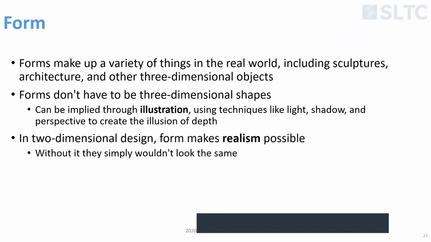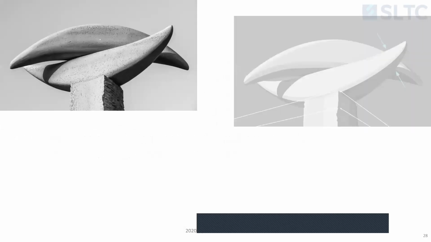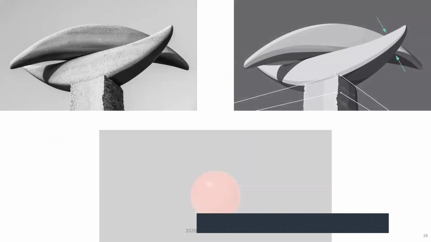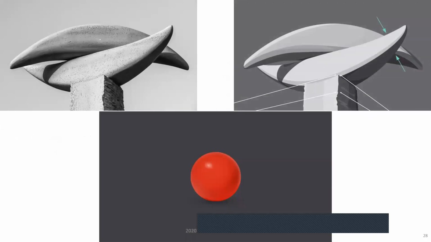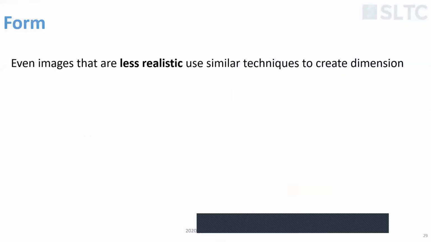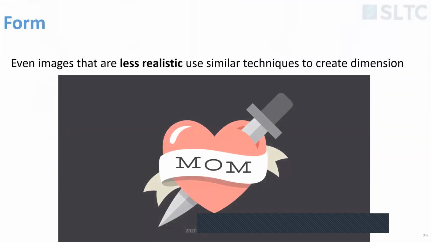They give a certain depth and realization or realism to our 2D objects, as you can see from here. So it gives much more boost to our 2D things. So even images that are less realistic, you can give some realism using basic things like shadows and whatnot, right? So you can do it.